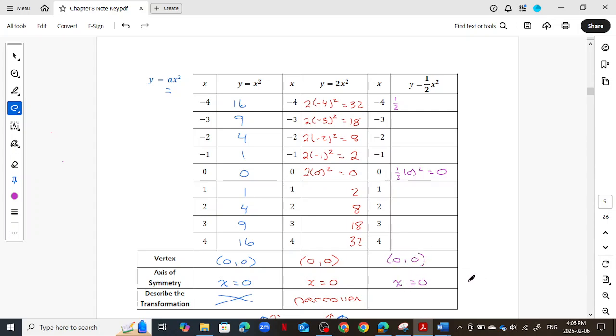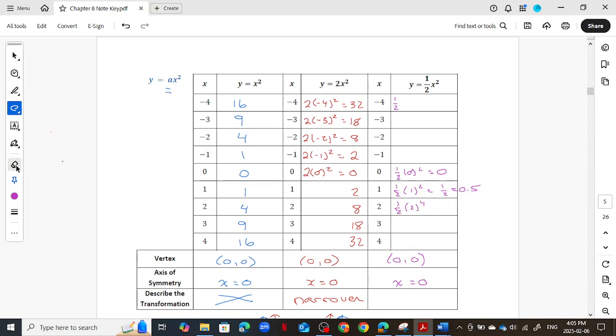Okay, what's going to happen from there? Well, let's go positive this time. We're going to go 1/2 times 1 squared. Well, half of 1 is still a half, or 0.5. Some people like decimals better than fractions, and that's totally fine. When we go over 2, the square of 2 is 4, but then I have to go half of it.